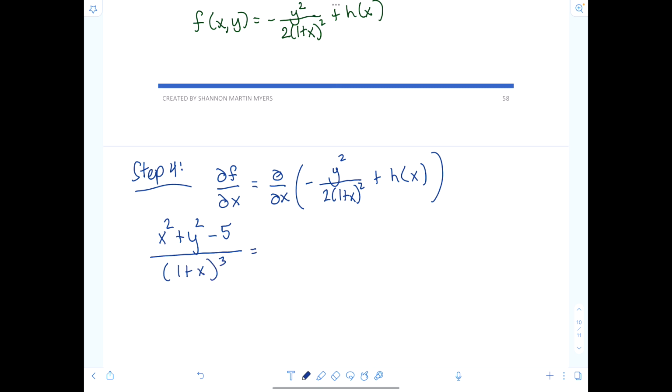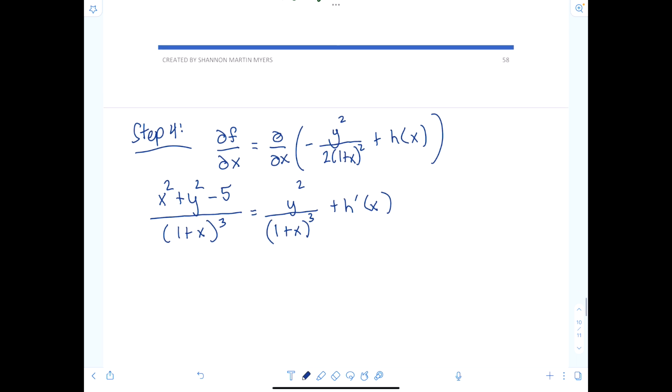That's equal to. So now, when I multiply by negative 2, I'm going to get a positive y squared over quantity 1 plus x to the negative 3. Nope, to the positive 3, since I'm writing it in the denominator, plus h prime at x.